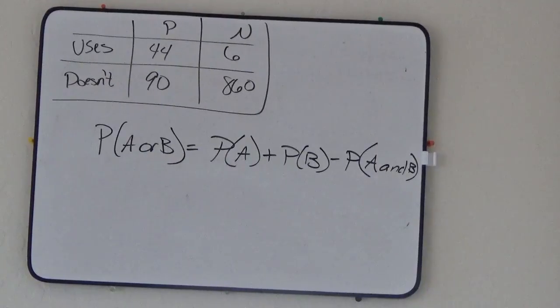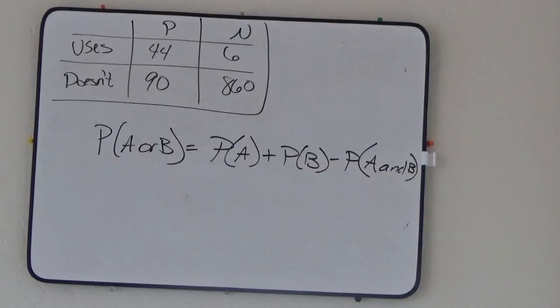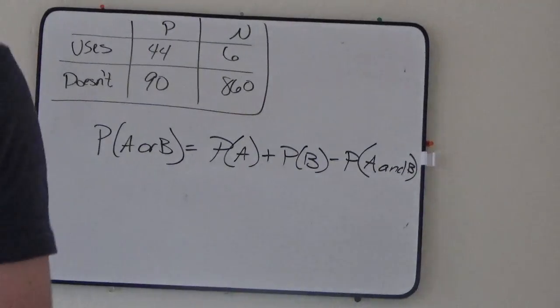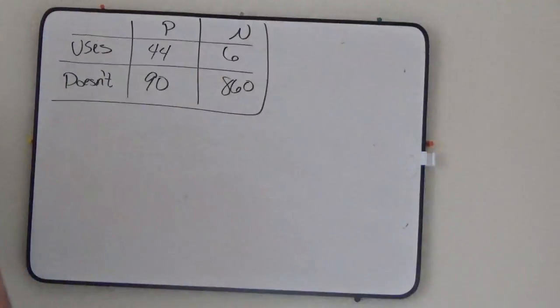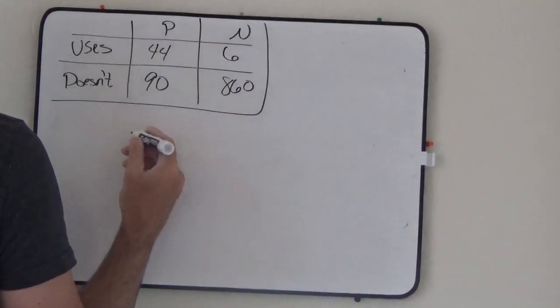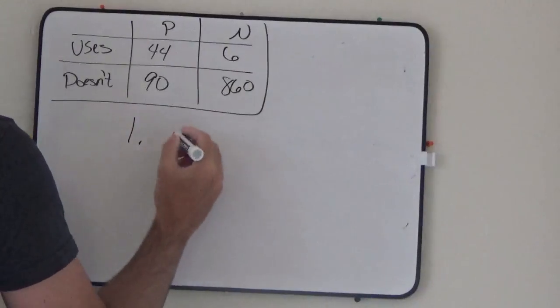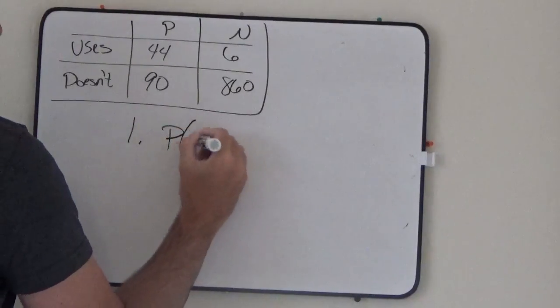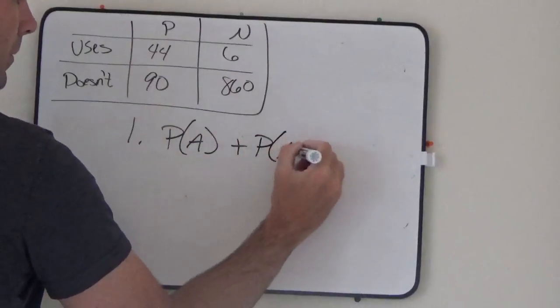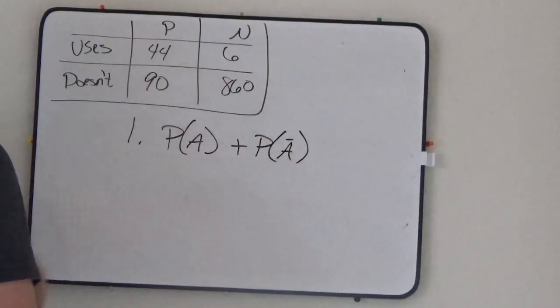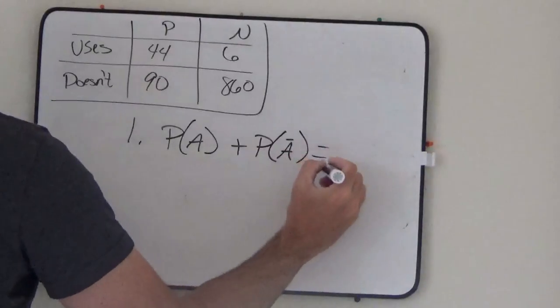Now, complementary events in the addition rule. Here are some rules for us to know for complementary events and the addition rule. First rule, if you were to take the probability of A and add to it the probability of its complement, remember that means the complement with a little line over the A, that is going to equal 1.